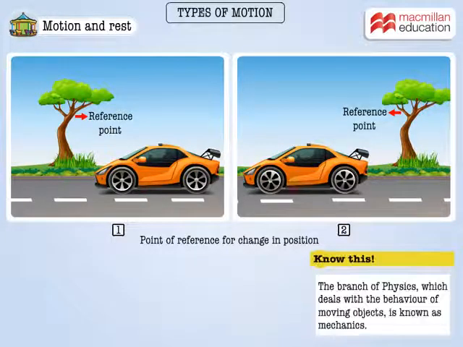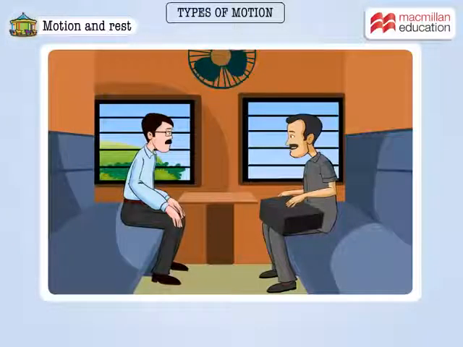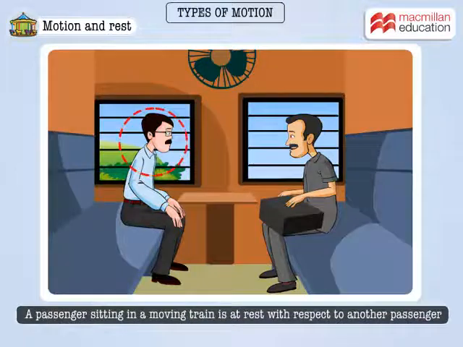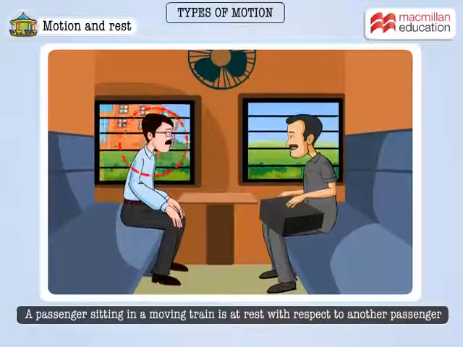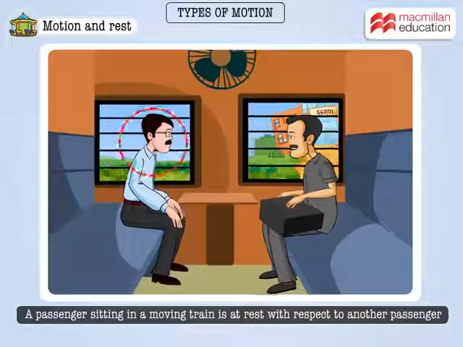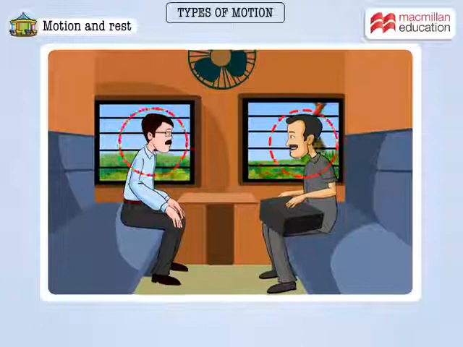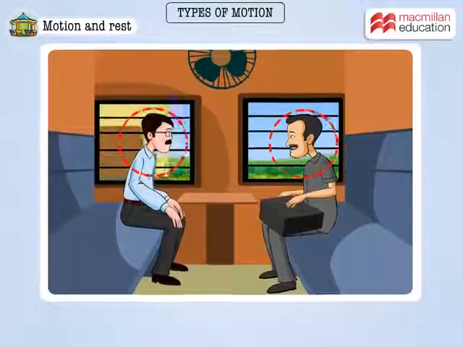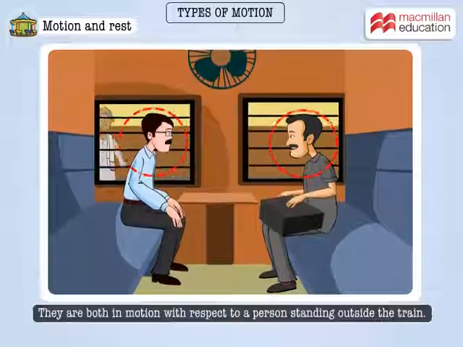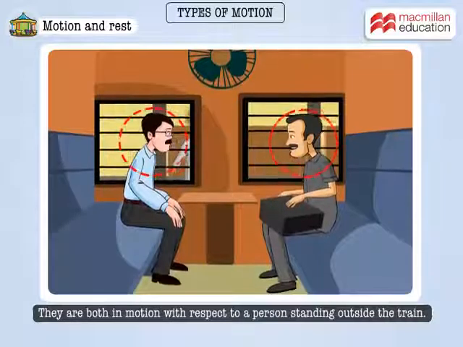The branch of physics which deals with the behavior of moving objects is known as mechanics. Motion and rest are comparative terms. For example, a passenger sitting in a moving train is at rest with respect to another passenger, whereas they are both in motion with respect to a person standing outside the train.